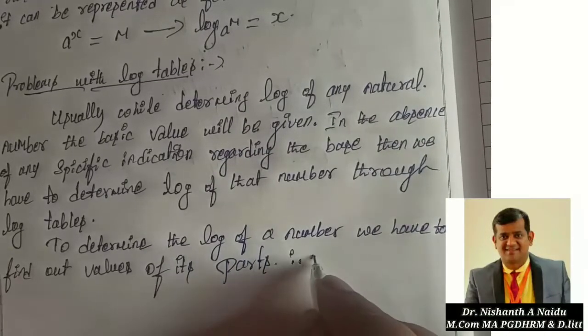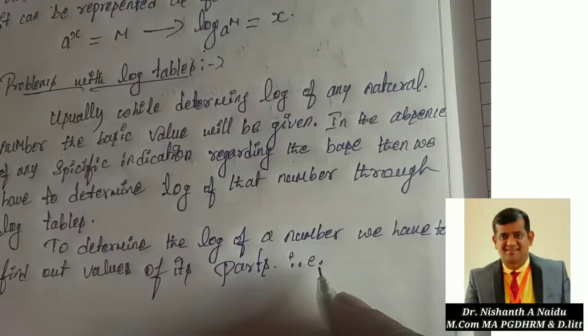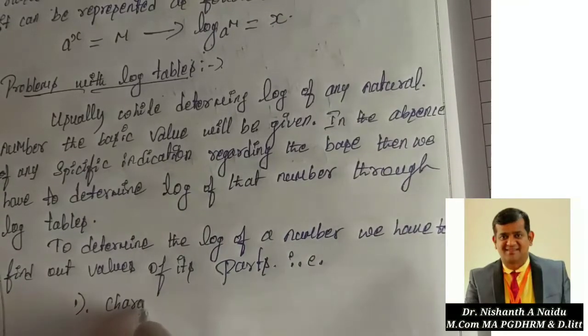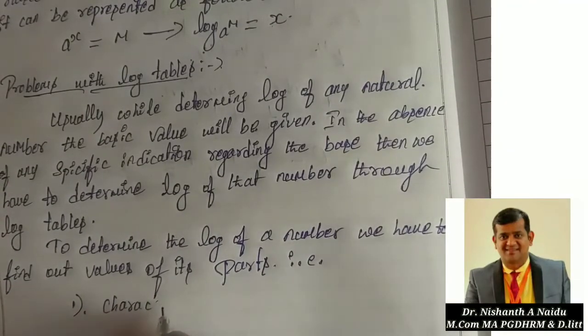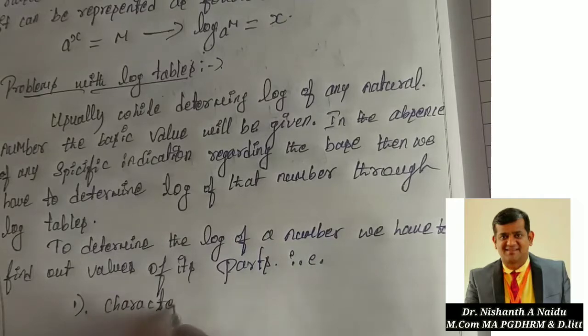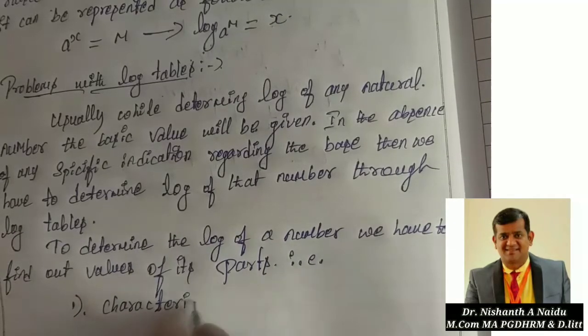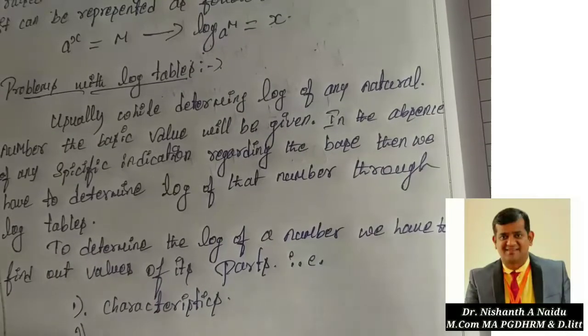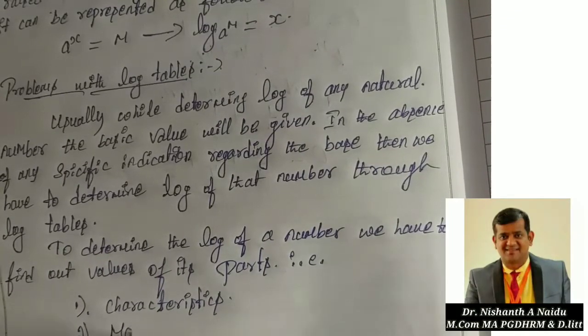Number 1, characteristic. And number 2, mantissa.